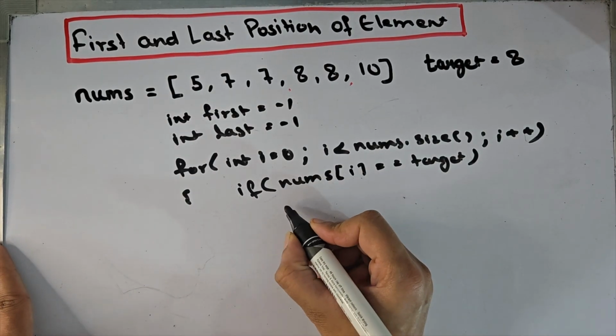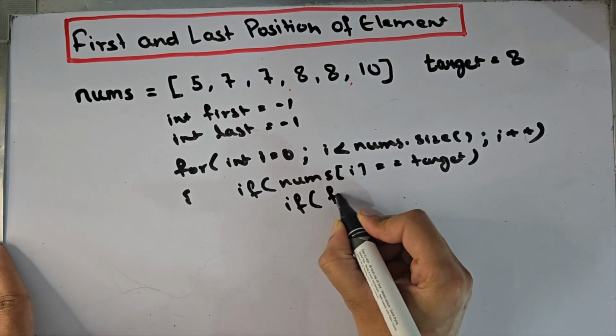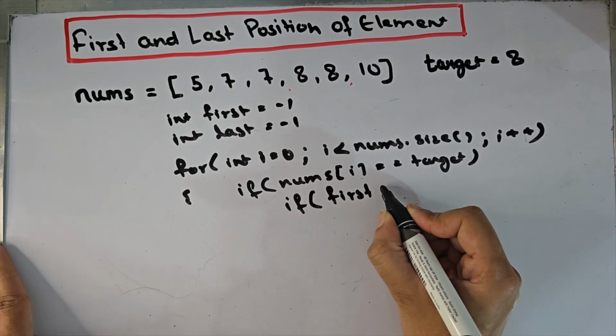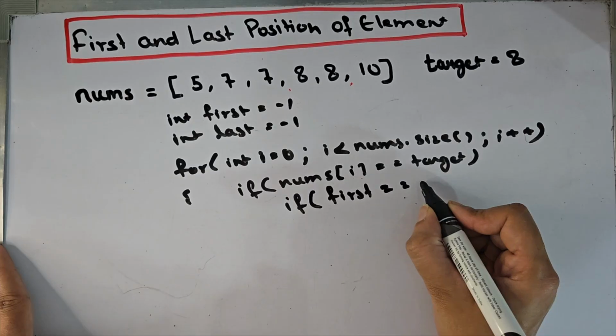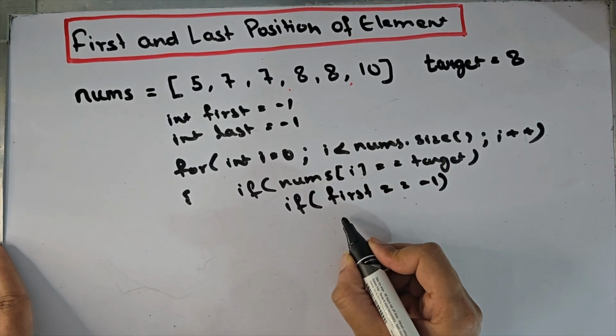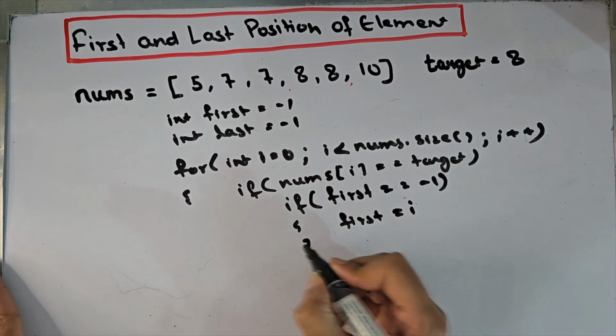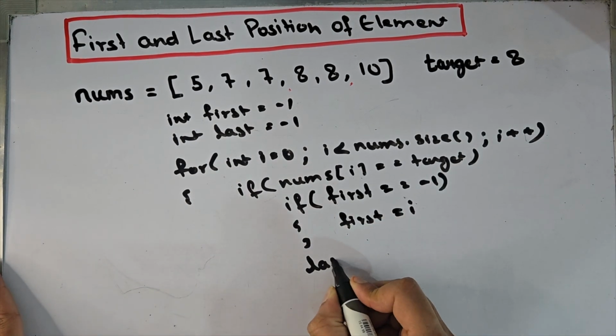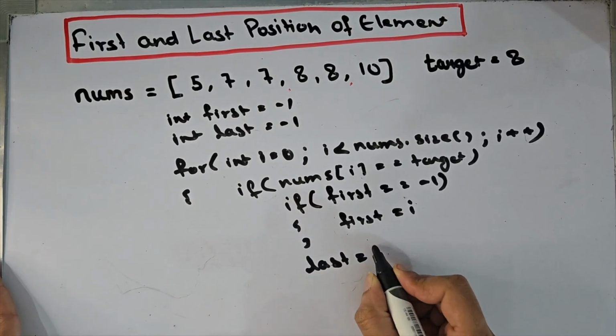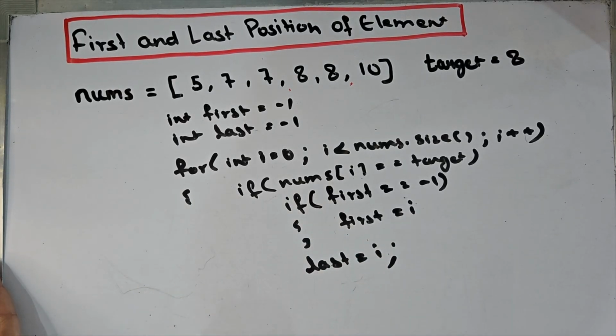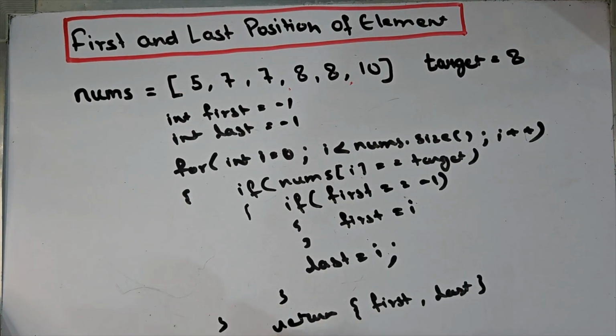In that case, we will update our first and last. First we will update only once, so we will check if first is still equal to -1. In that case, first is equal to i. Else what we will do is last is equal to i. So if there is just one occurrence, first and last will be same. Now at last we will return the first and last element.